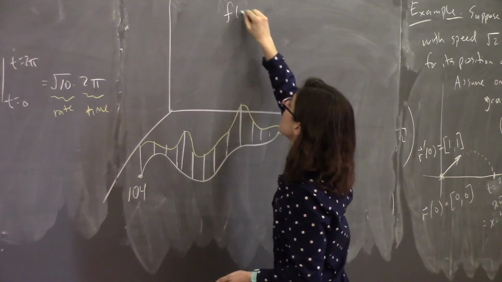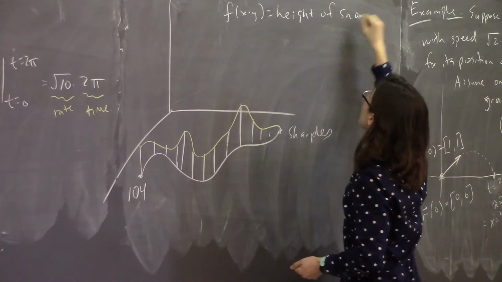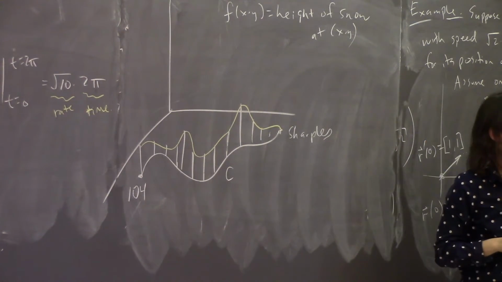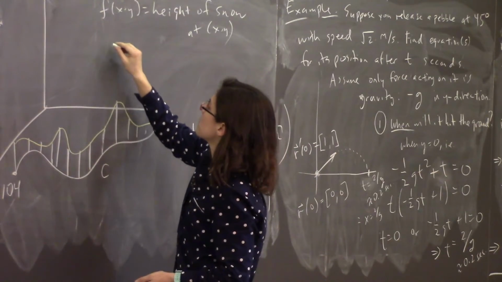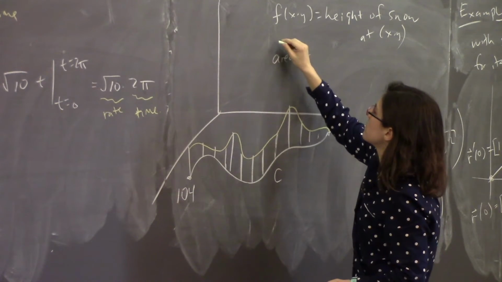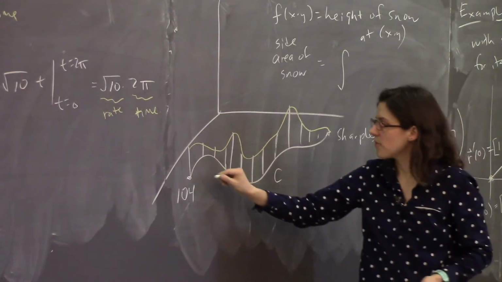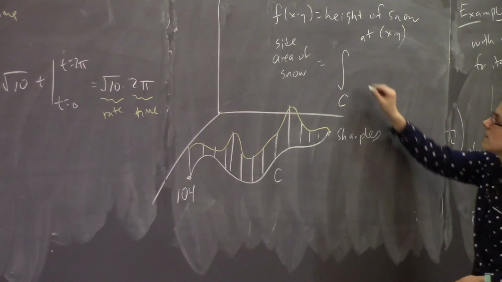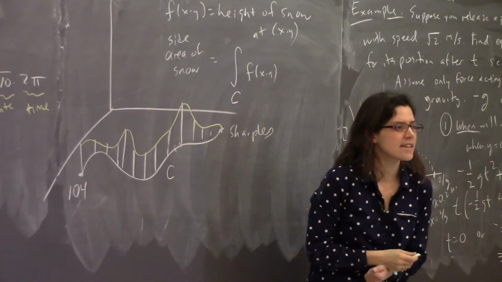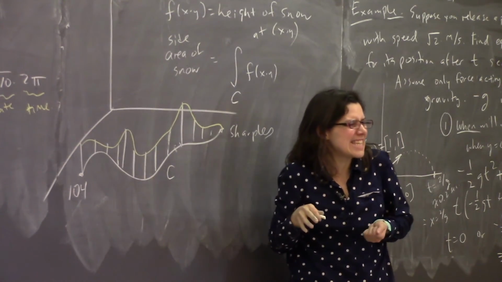So if f of x y is the height of the snow at the point x, y, and this is your curve C, the path you take to the dining hall, the total amount of snow, so the cross-sectional area, if you will, or side area of the snow, is the integral over this curve C of f of x y times, well, like a little dx type thing. You're basically like f of x y dx, but it's not exactly dx.